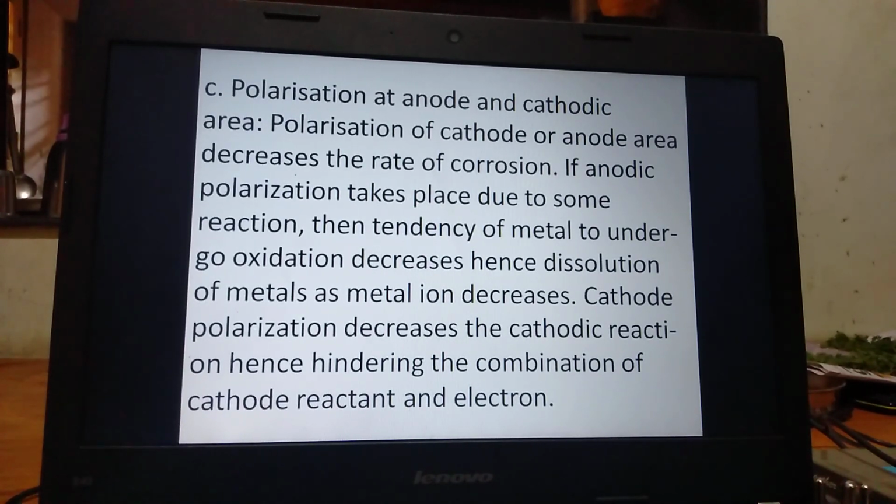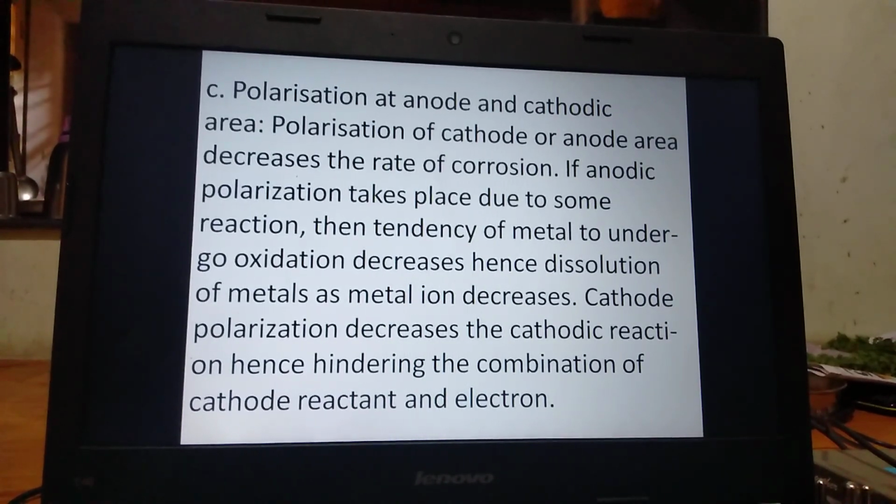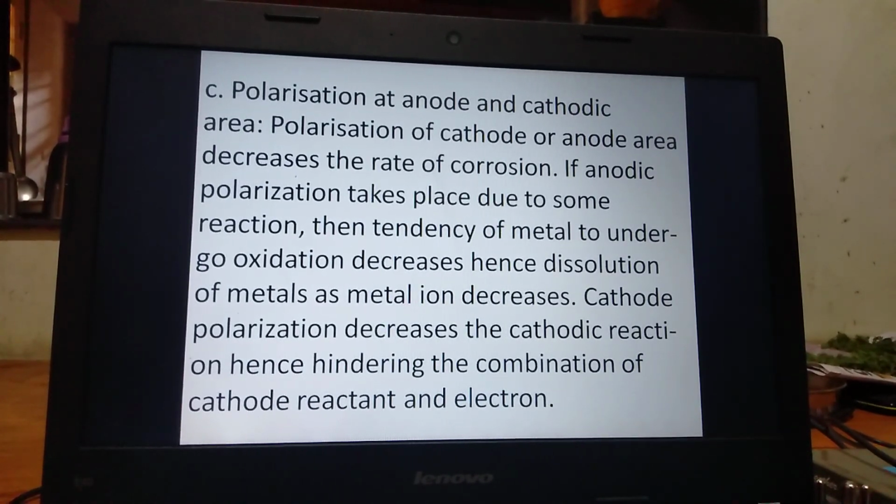The variation ultimately leads to a steady state called the corrosion potential, at which the rate of oxidation, that is the anodic reaction, equals the rate of reduction, that is the cathodic reaction. The current corresponding to this corrosion potential is called the corrosion current.